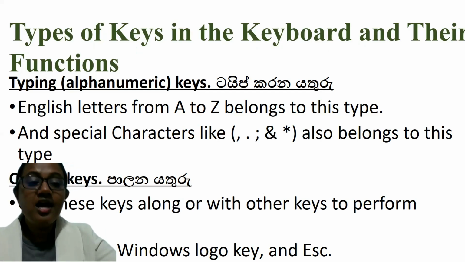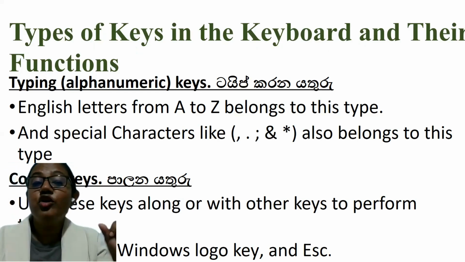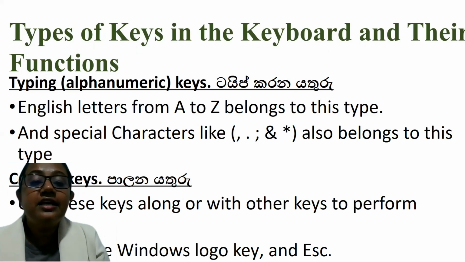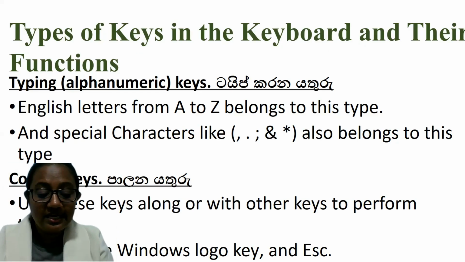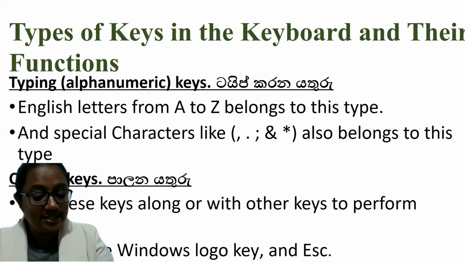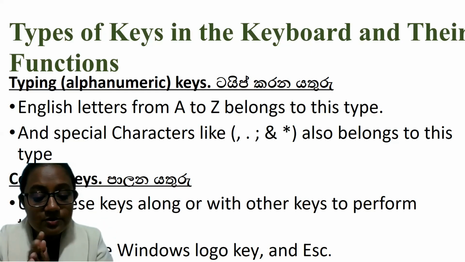Very good. Type-in keys. Keys used for typing. So, in the keyboard, you can find the letters from A to Z. And some special characters. What are the special characters?